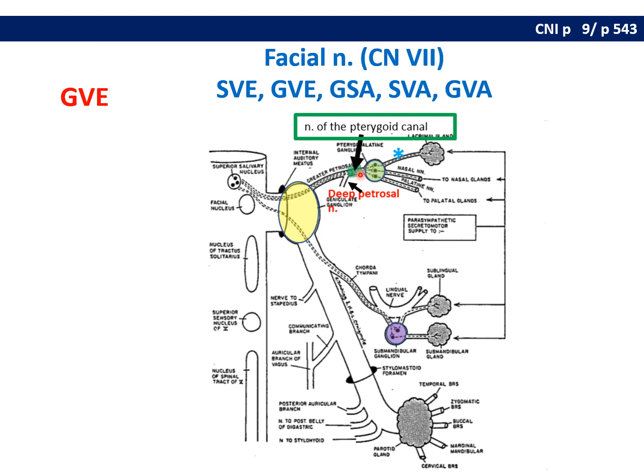Okay. Then from there, it encounters the pterygopalatine ganglia sitting in the pterygopalatine fossa. Those cells synapse, and then postganglionic parasympathetic fibers go to the palate, the nasal glands, and the lacrimal gland, as we've discussed.